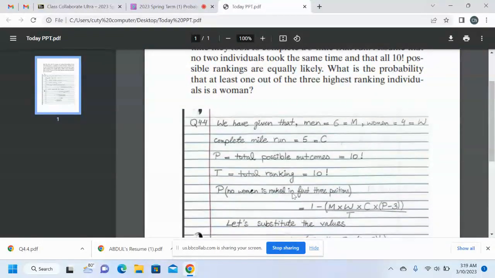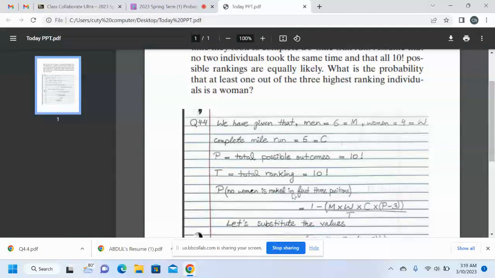Now the formula is that the probability of a woman being ranked in the first 3 positions is equal to 1 minus men multiplied by women multiplied by complete trail run multiplied by possible outcomes minus 3 over total rankings.